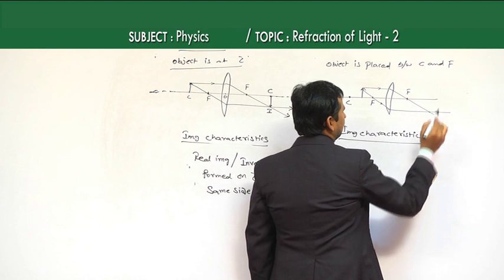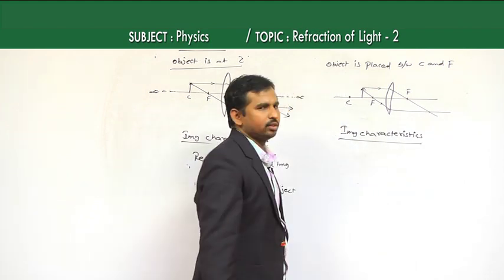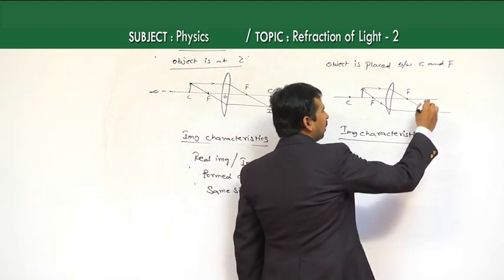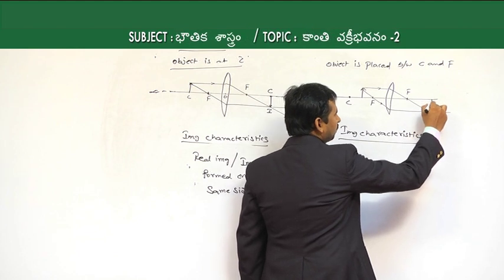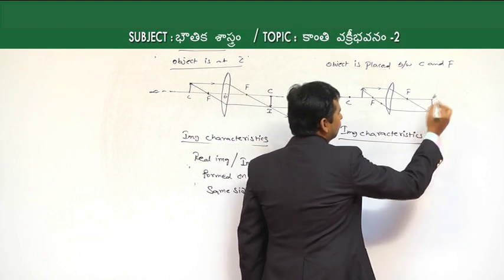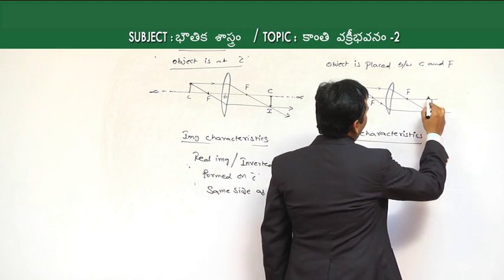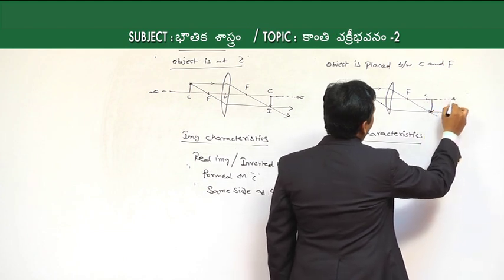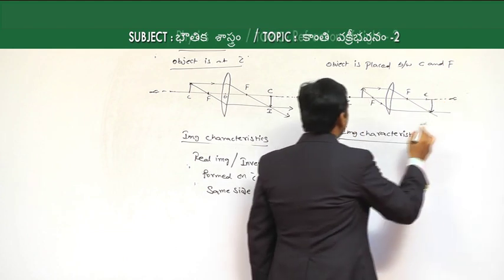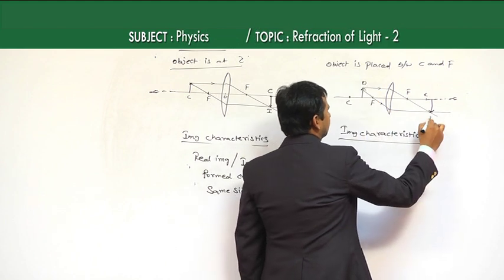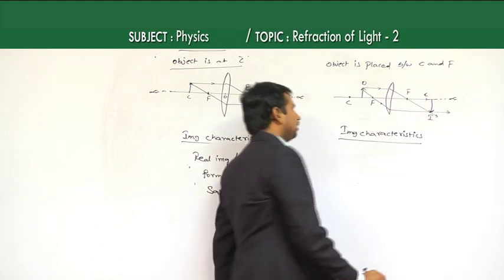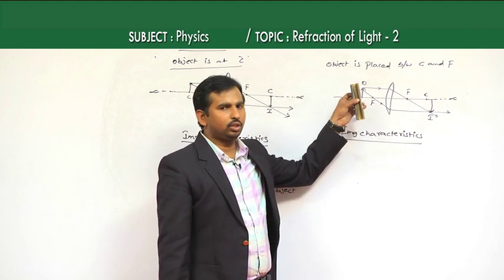Now this is our image position where both the light rays are meeting, and now we have to take a perpendicular line for that, like this. This is the perpendicular line, from which we get the image, and if you see the size, the image size is bigger when compared to the object size.